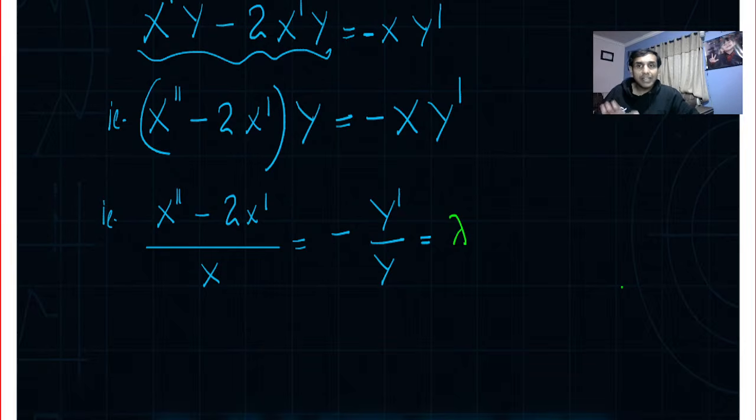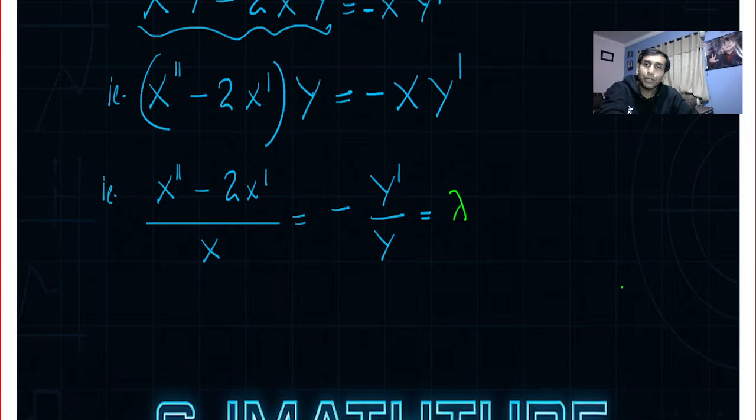And by the way, it has to be a constant because when one variable is equal to another function or one function equal to another function, it will automatically become a constant. There is no other option. It cannot stay as a variable. So this ratio is equal to constant and this ratio is equal to constant.